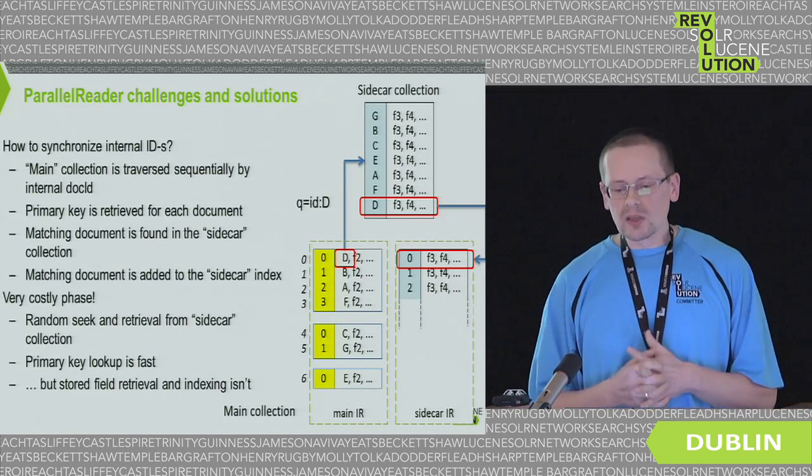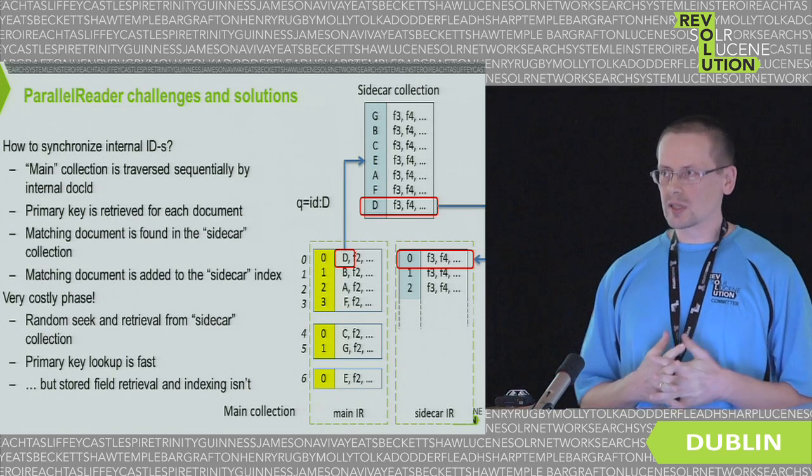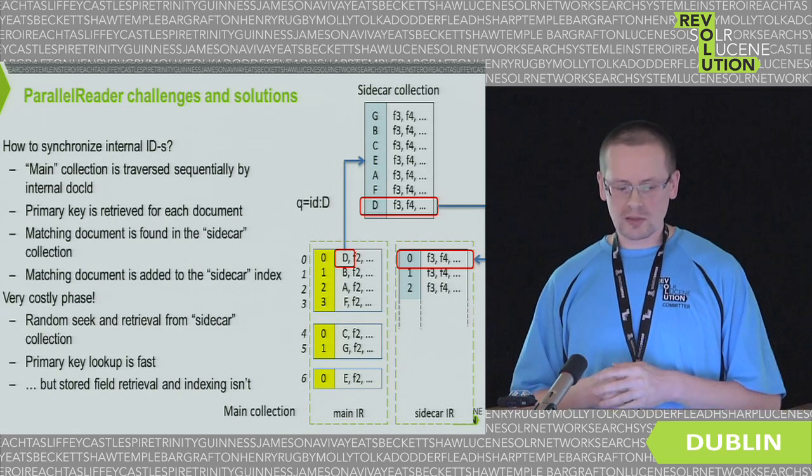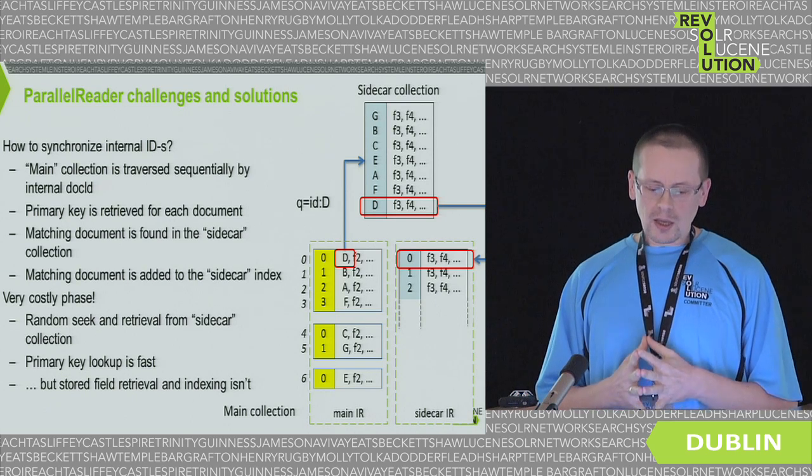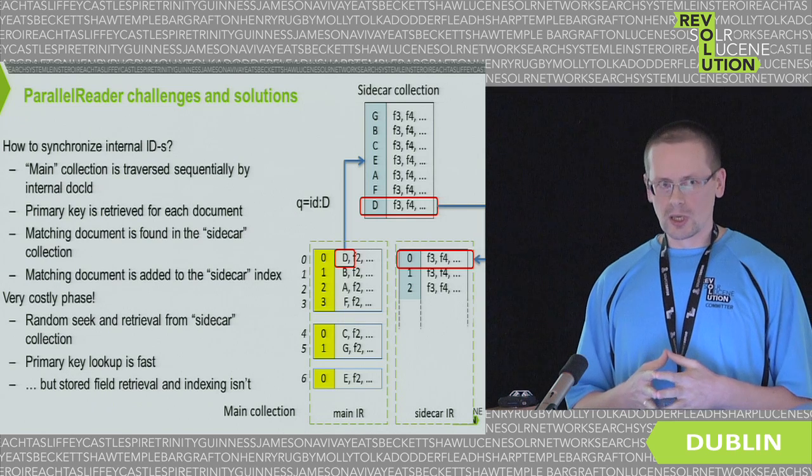First of all, let's start with the initial creation of this sidecar index. How to synchronize the internal IDs? Well, it's sort of a brute force approach.